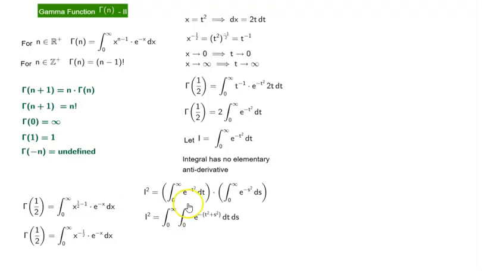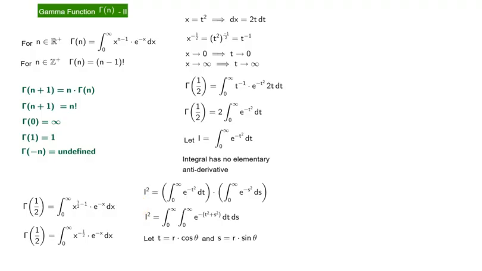So what happens next? We combine these. We get the integral from 0 to infinity, integral from 0 to infinity of e to the power of minus t square minus s square, which means we can write it as e to the power of minus t square plus s square, dt ds.